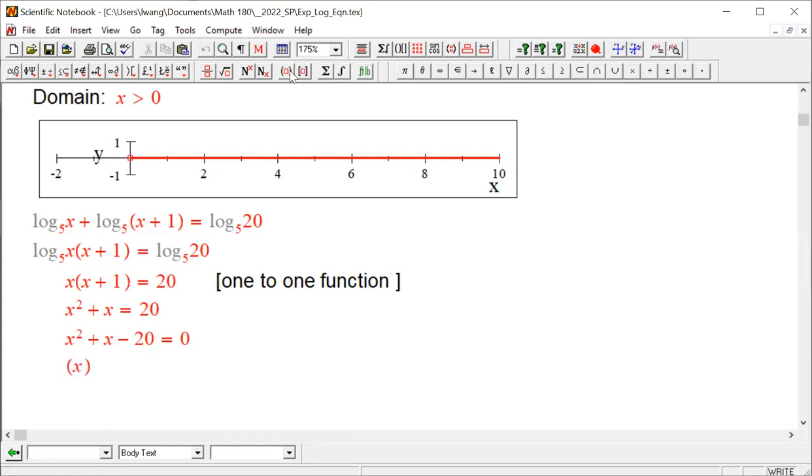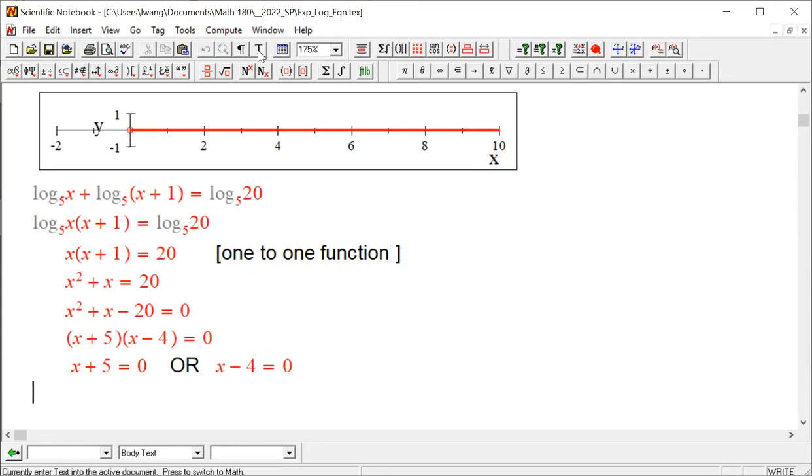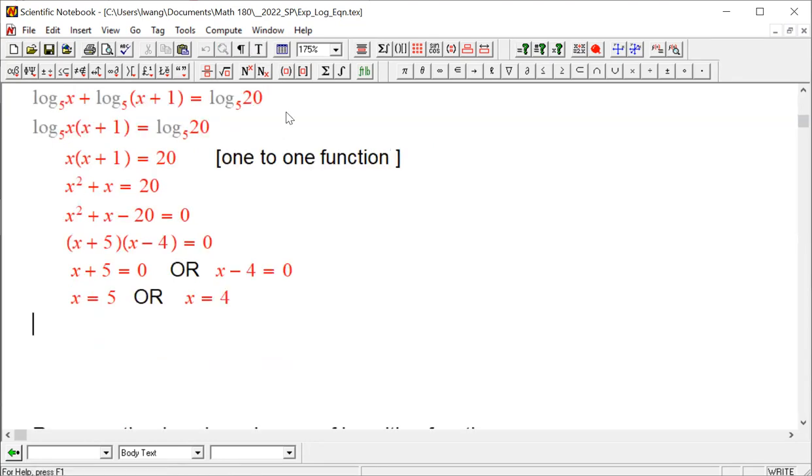So we get x plus 5 times x minus 4 equals 0. Then x plus 5 equals 0 or x minus 4 equals 0. So in the end, we get x equals 4 or, sorry, x equals negative 5.